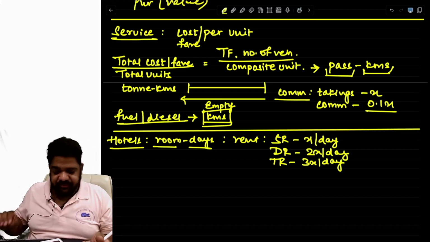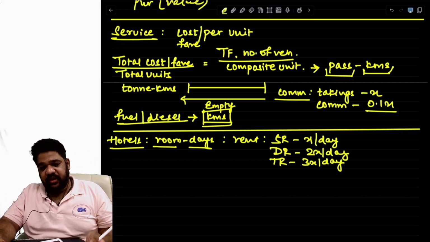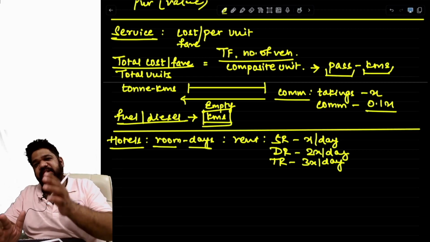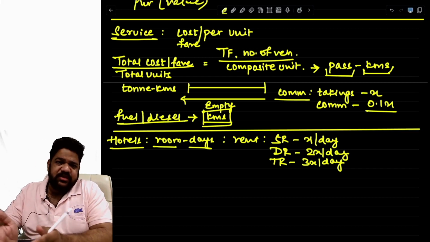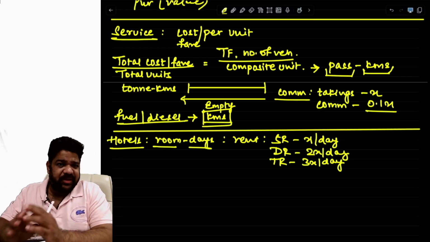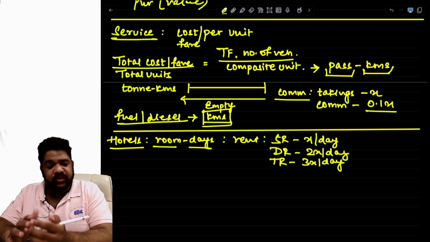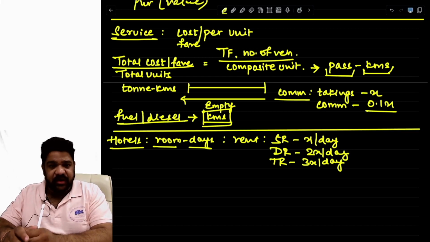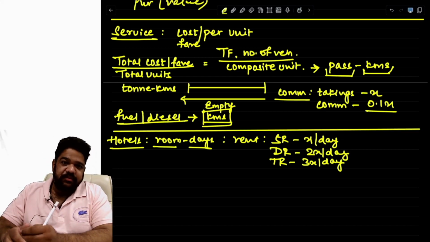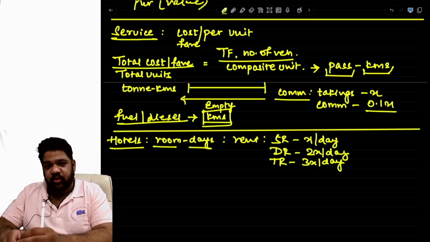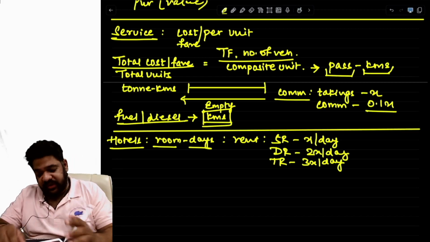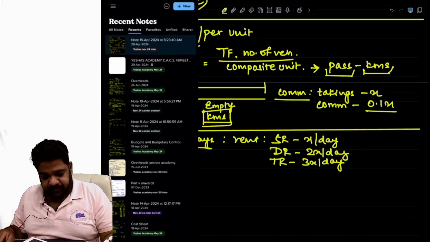Be careful of the time frame. Be careful with the number of composite units. Passenger kilometers would require both the number of passengers and the number of kilometers. If you do not have the number of passengers while coming in, the passenger kilometers while coming in will become zero. So be a little careful there.